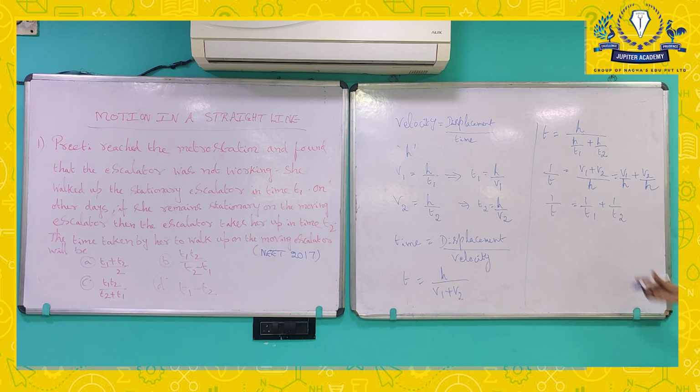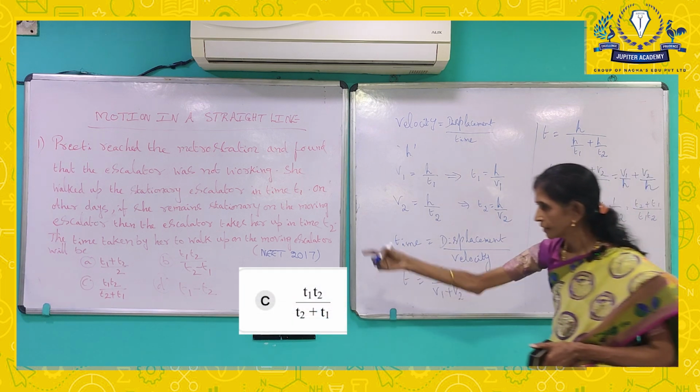Now when we take the LCM t1 t2, this will become t2 plus t1 in the numerator. 1 by t is equal to t2 plus t1, or t1 plus t2, divided by t1 t2. Now we want t, so reciprocate. So t1 t2 divided by t1 plus t2. So option C is correct.